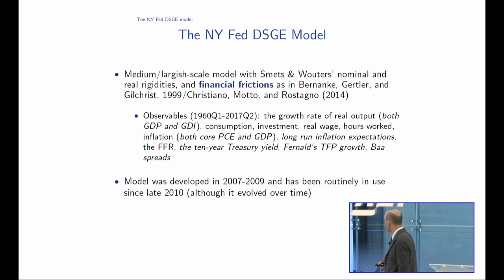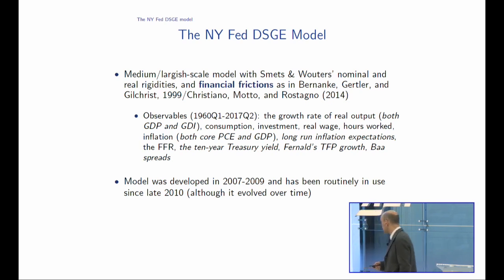We use a couple of measures of the growth rate of output, consumption, investment, the real wage, hours worked, two measures of inflation, and long-run inflation expectations. We use a survey of professional forecasters, so in this case, where professional forecasters believe that inflation is heading in the very long run.